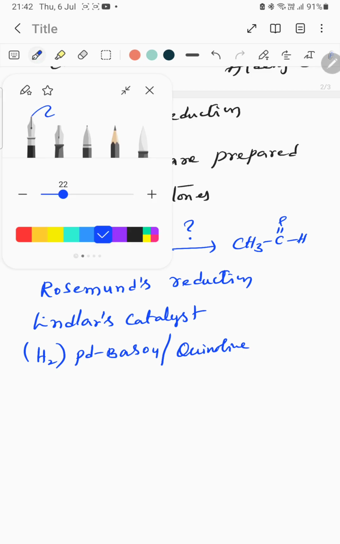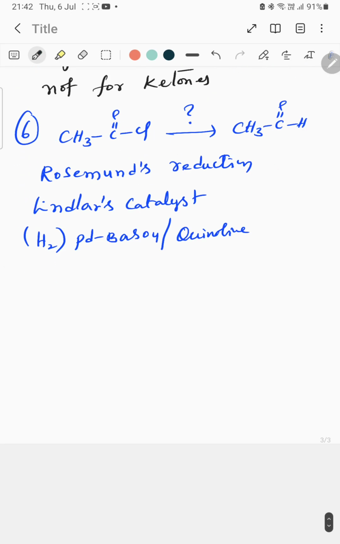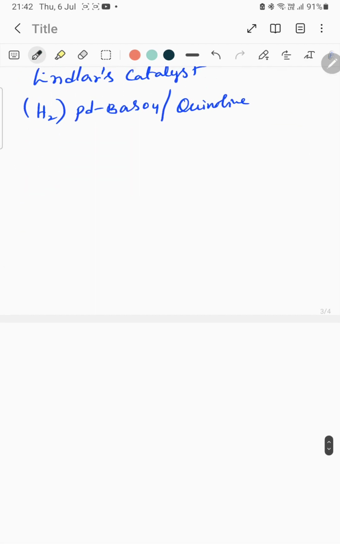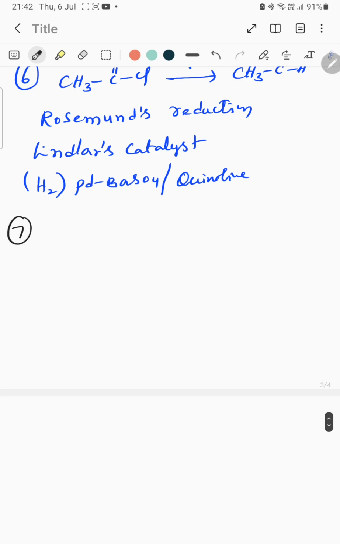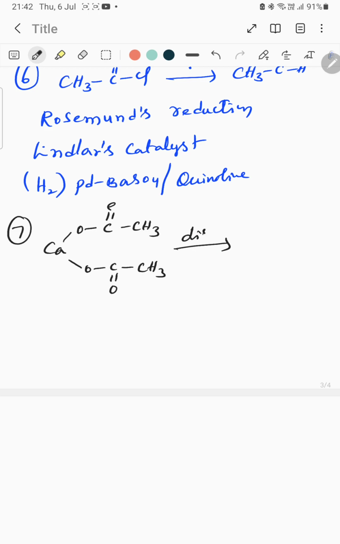Next, seventh one. On the dry distillation of calcium acetate, a compound X is formed. What is the functional isomer of X?